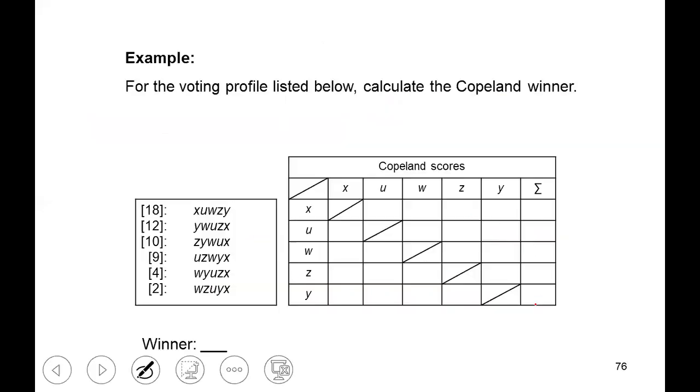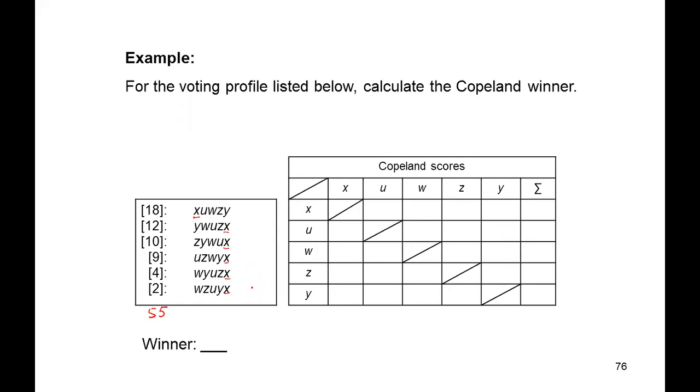Copeland winner. So now let's calculate the Copeland winner for our preference profile. Again, we have, as you remember, 55 voters. These are the preferences. And what are the Copeland scores for different alternatives? For X, well, X was the best choice for 18 voters, but then the last choice of everybody else.